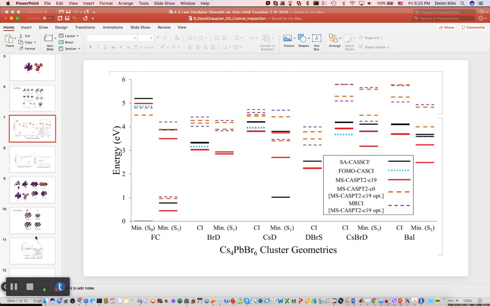In the legend, they have repeating CASPT2 with some additional index. Do they explain this abbreviation? MS-CASPT2 is multi-state complete active space second order perturbation theory.